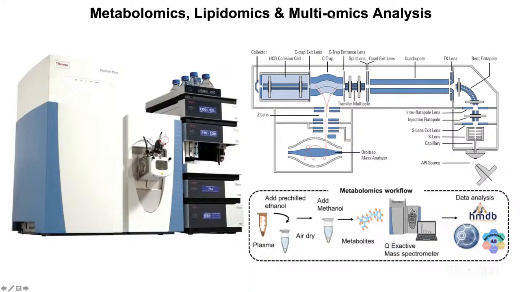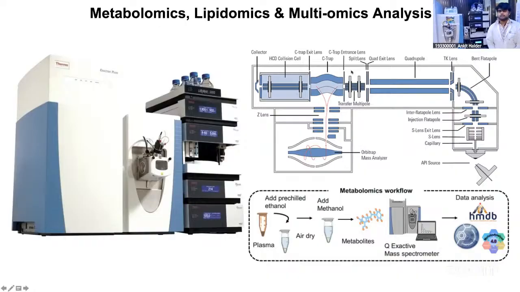Even from the same sample, you could extract multiple layers: one could extract the protein, one the metabolites, one the lipids, and then build layer-wise information. Of course, people also do genomics on the same sample, so one could do truly integrated omics.